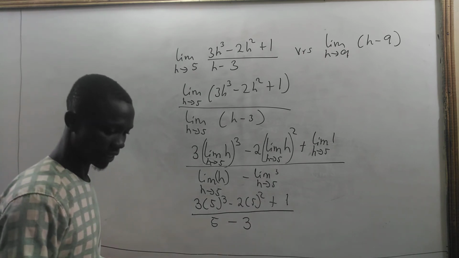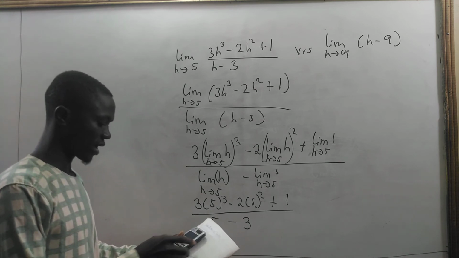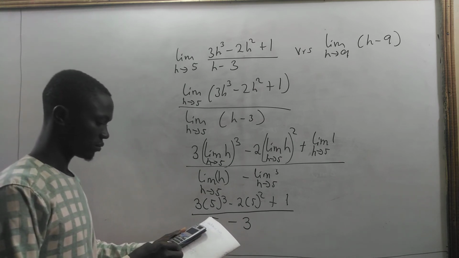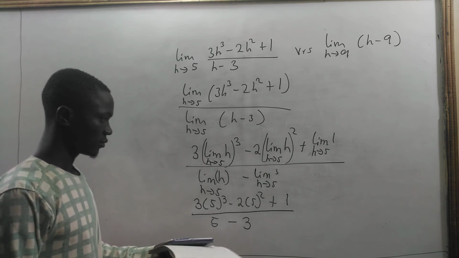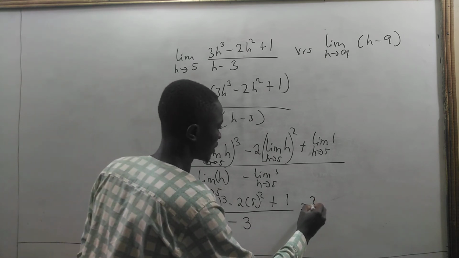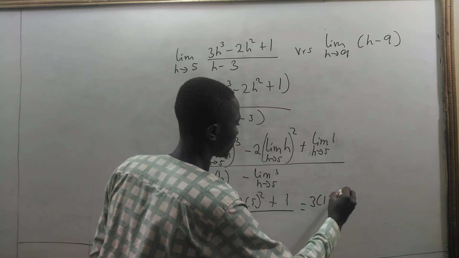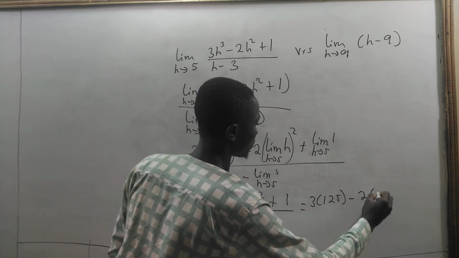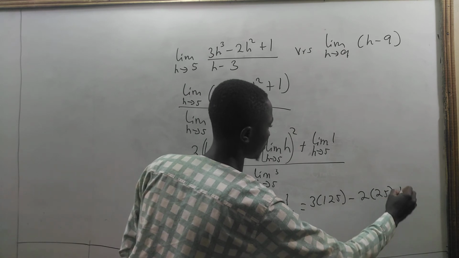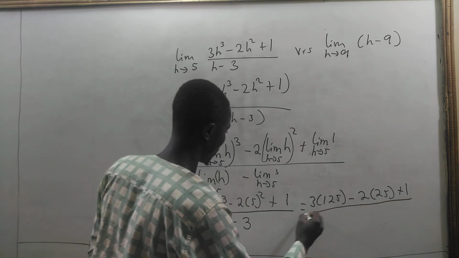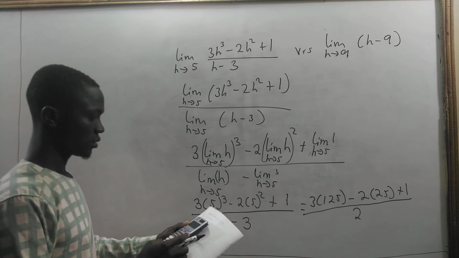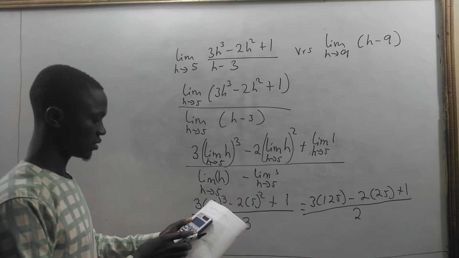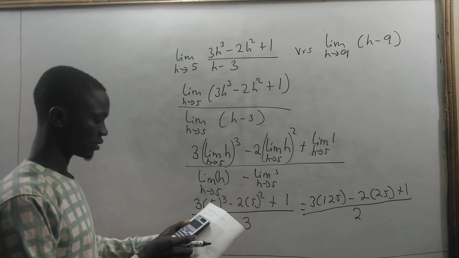So let's use the calculator. I'm going to have 5 cubed, that is 125. So this will give us 3 times 125 minus 2 times 25 plus 1, all divided by 2. So that is minus 50 plus 1.